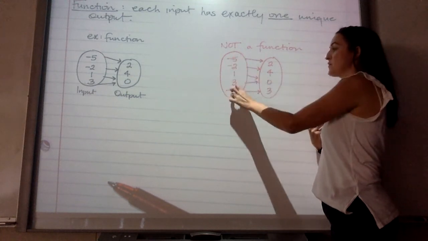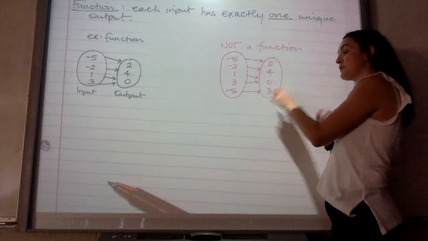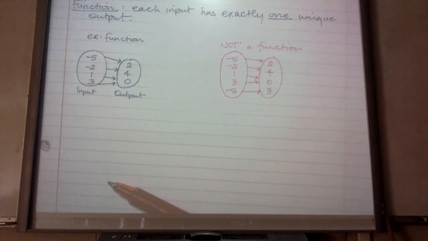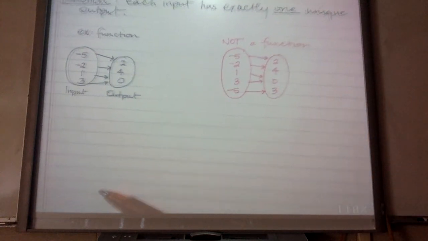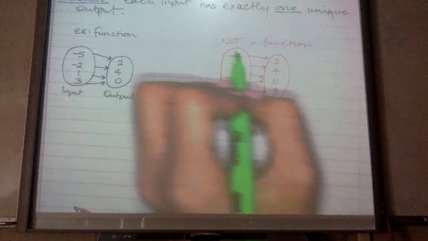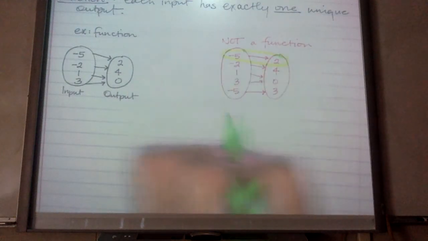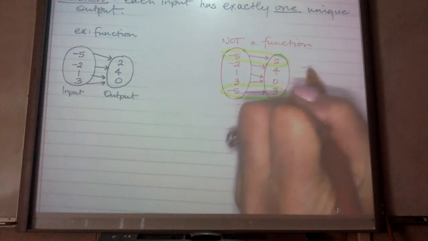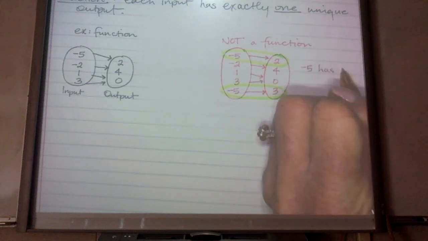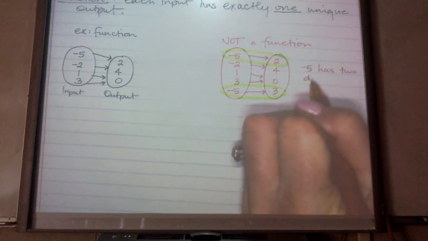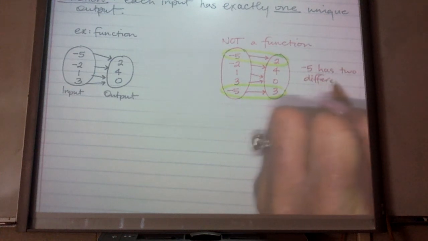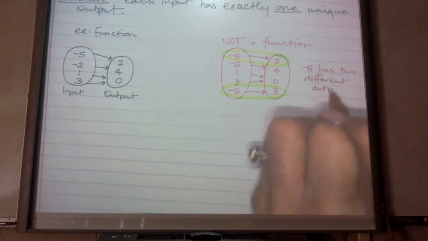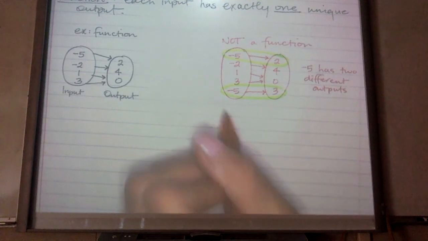So the value of -5 has 2 different outputs, and that's what makes this not a function.